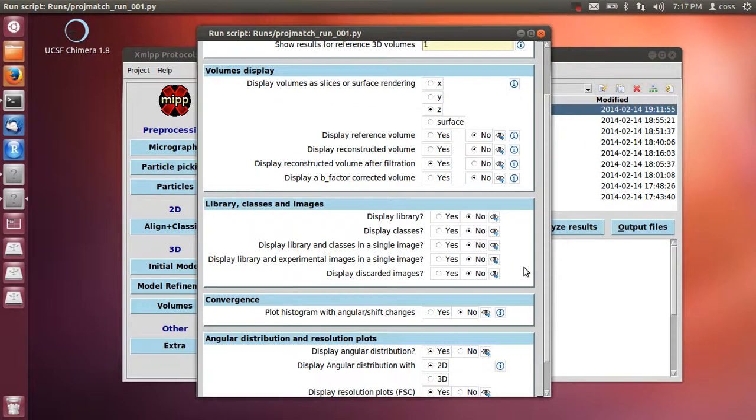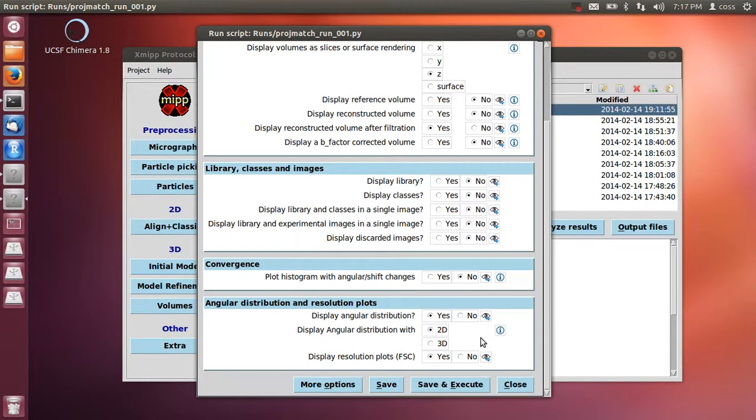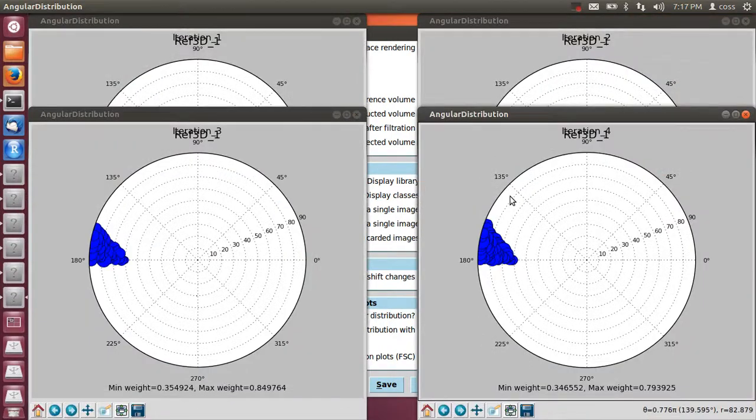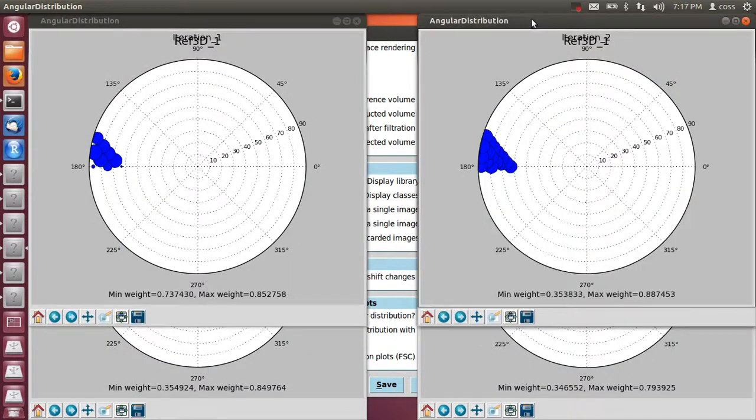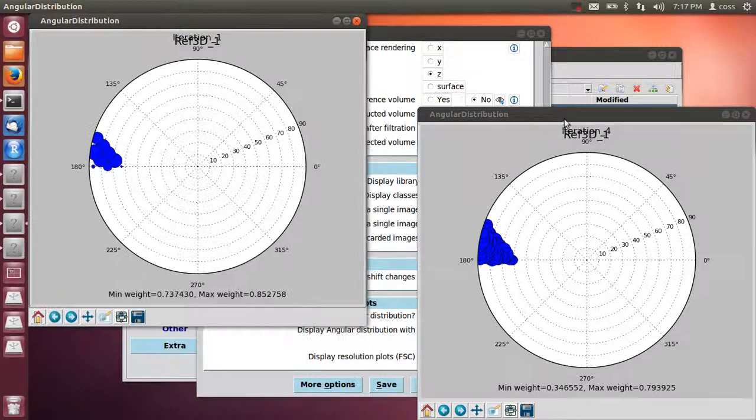We may also look at how the angular distribution was changing over directions. This is the first iteration. This is an icosahedral symmetric particle, so we only need to assign angles in the asymmetric unit. This was the initial distribution, this is iteration 2, this is iteration 3, and this is iteration 4.